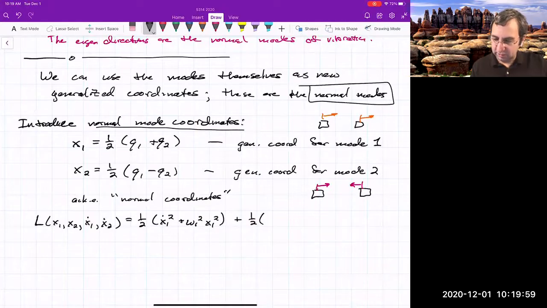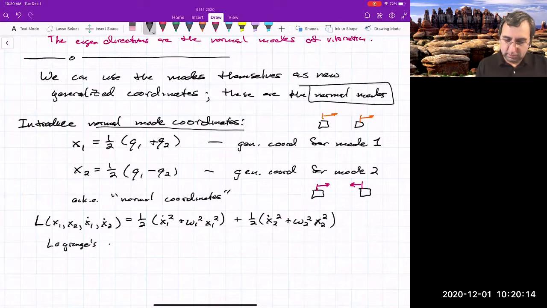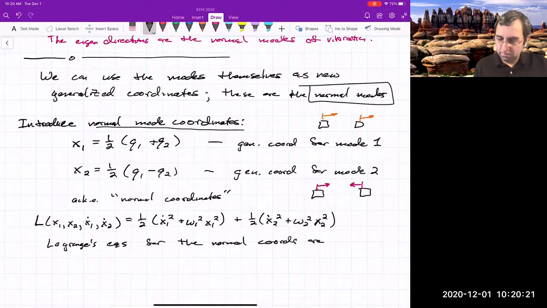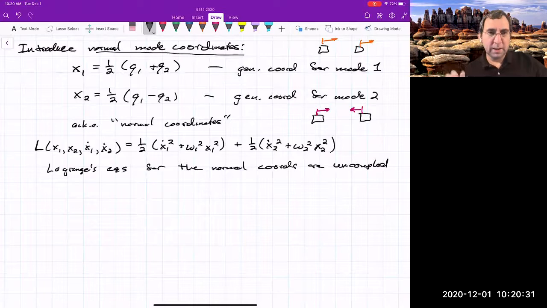What do I mean it looks particularly nice? Well, there's no coupling between the two sets of coordinates. Lagrange's equations for the normal coordinates are uncoupled. Meaning there's no term in the Lagrangian like x1 times x2, which there was in the original coordinates.